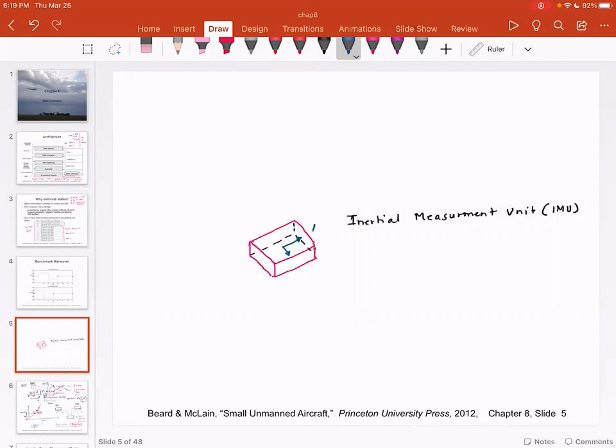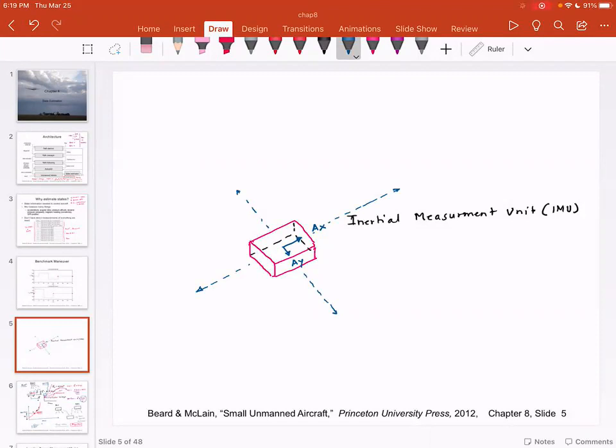I'm going to call this AX, and this AY. So I have two accelerometers, AX and AY. For example, if you move this accelerometer in this direction or in this direction, you will see some output along AX. If you move it in Y direction or minus Y direction, then you will see some reading.